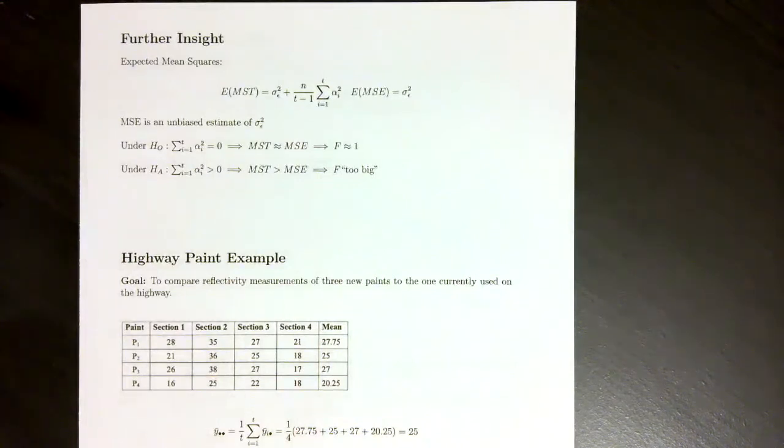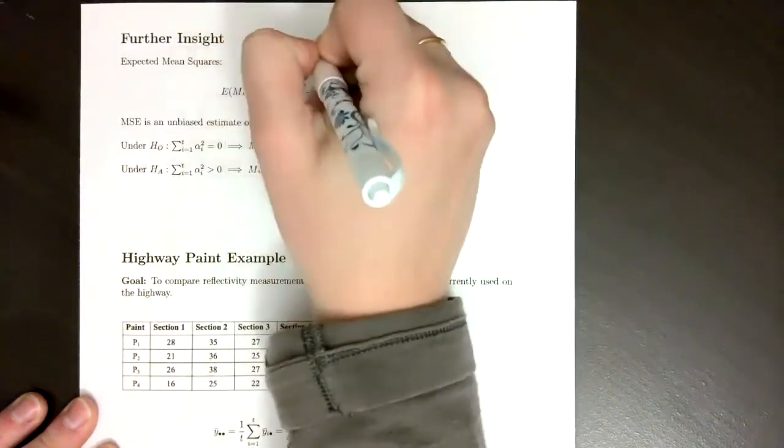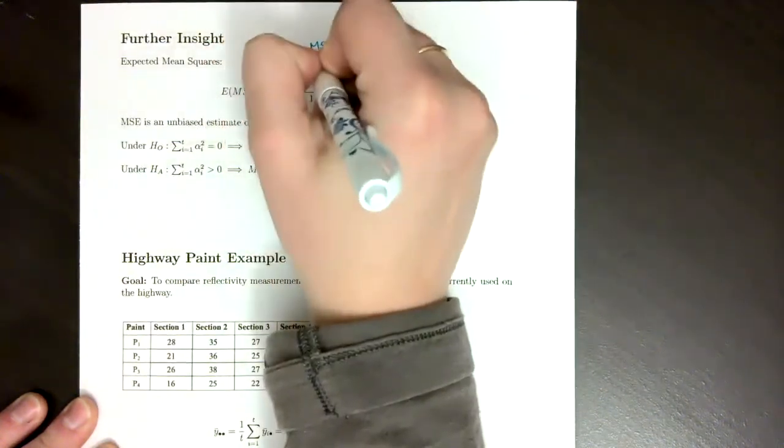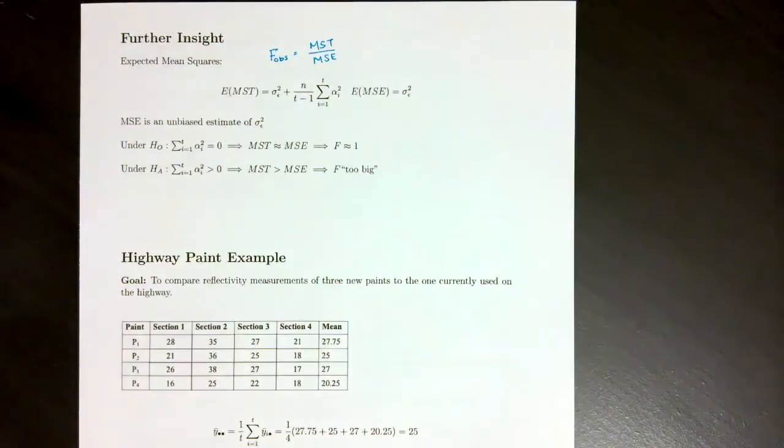This is also why I brought in expectation and random variable, to help us understand this F statistic. Again, our F observed is going to be MST over MSE. We're going to focus on why we look for big F stats, just to give you some intuition.